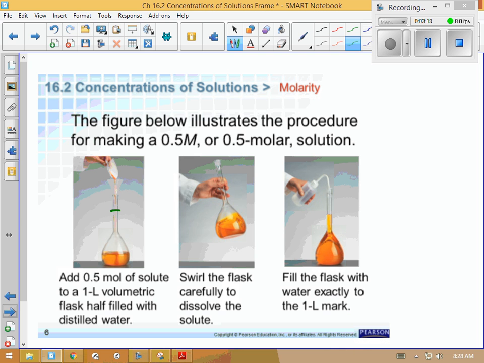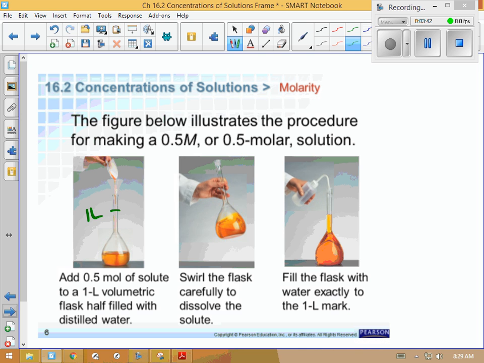It's really skinny there, so even adding a couple of drops makes the level rise a whole lot, so you can see that you're exactly at 1 liter. This is a 1 liter volumetric flask, and when you fill it to that mark, you have exactly 1 liter.